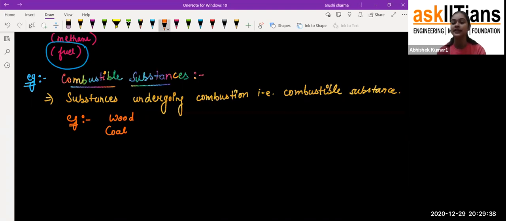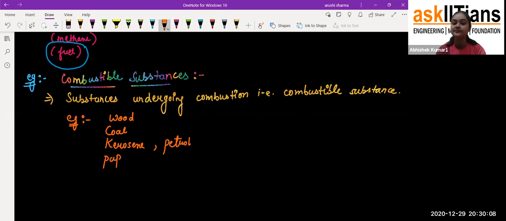So it is wooden coal. What else can be examples of combustibles, when you provide fire and they burn? Some examples are kerosene and petrol. These are also carbon compounds that undergo combustion, and we get carbon dioxide, heat and light from them.